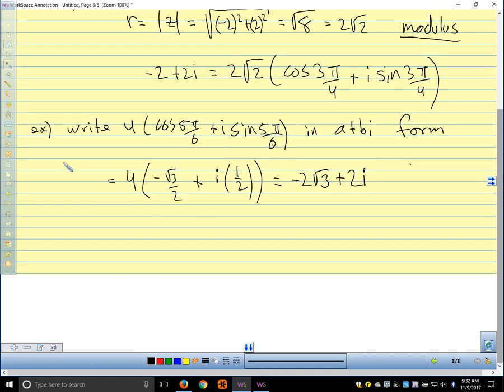And what this is telling us, if we draw a little picture here, is that our angle is 5 pi over 6, so we're over here. And the length of this segment is 4. And that angle is 5 pi over 6. So this point would be negative 2 square root 3 plus 2i.